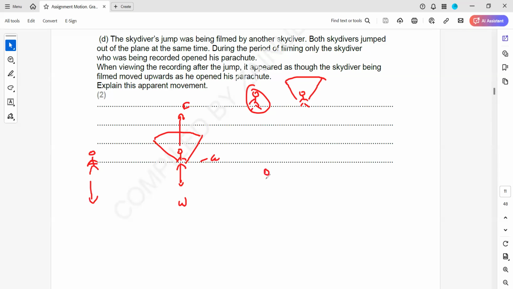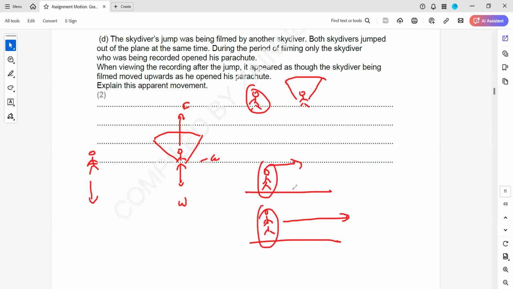Let's take a simple example in a horizontal plane: two athletes having a race, running side by side. If one athlete slows down and the other athlete moves at a constant speed, the one at constant speed will feel that the other athlete is moving backward.